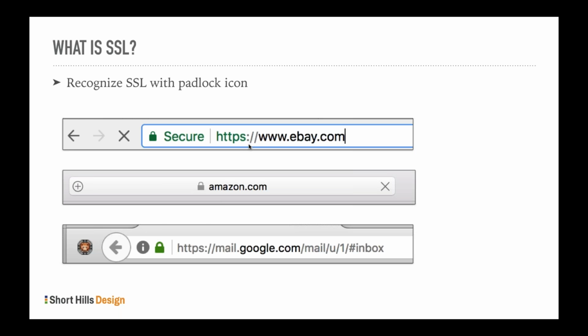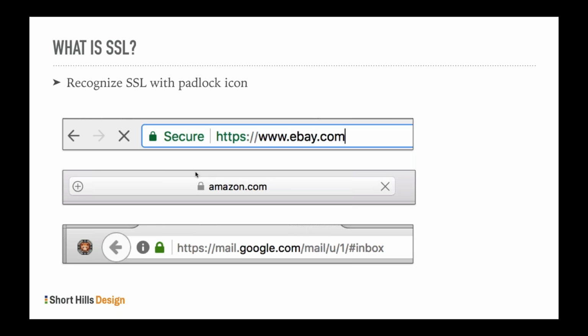Now, that doesn't mean that the vendor is legitimate. This could be ebay.com or amazon.com, but if I type it in wrong and it's the wrong website, you could still have an encrypted connection to a bad website. You could still have an encrypted connection to a thief. Stealmycreditcard.com, I hope that doesn't exist. You can certainly go there with an encrypted connection.